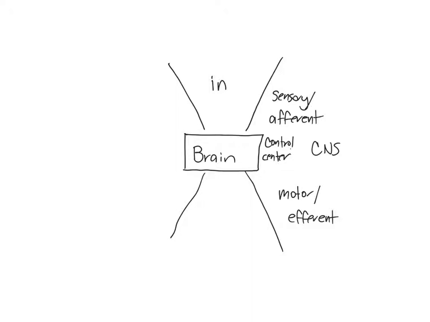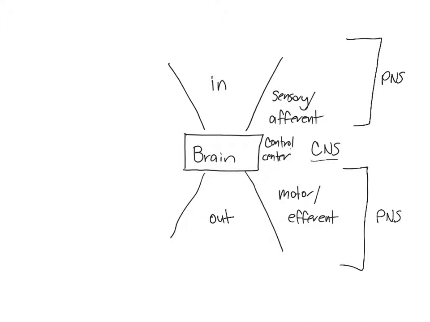So the pathway out, or the motor or efferent neurons, is the path that's heading out of the brain. This pathway of information in and information out is called the peripheral nervous system, while the things that are all happening in the control center are the central nervous system.